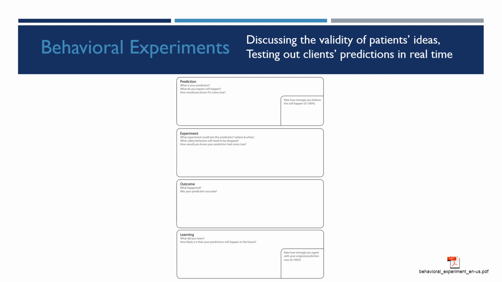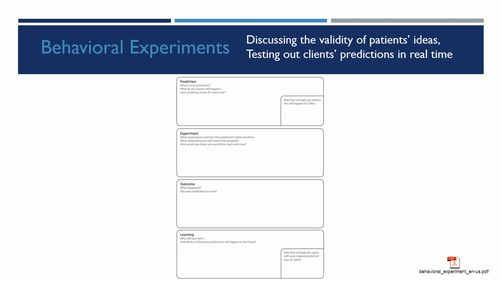So write out all those predictions, and then do an experiment. Maybe you could do a role play with your client and record that scene so that you and your client can go back and watch that together. Or if you're assigning this as homework, you can actually have your client experiment with that situation, really notice what's happening, how people are responding, and then write down the outcomes.